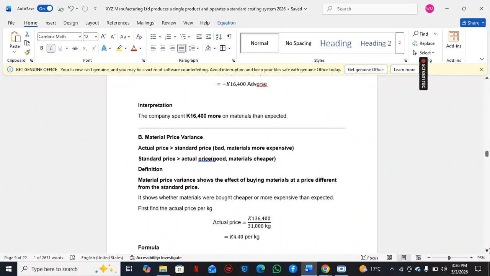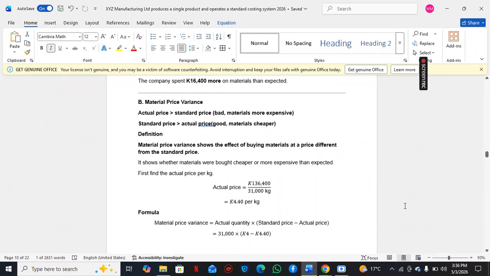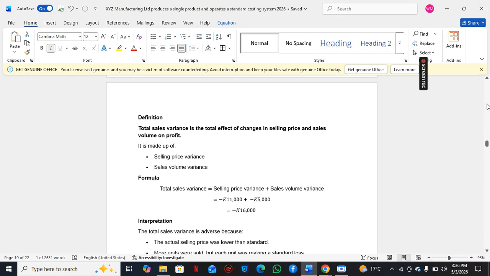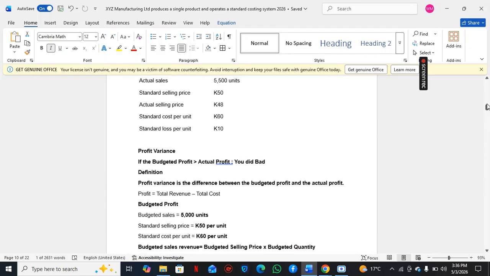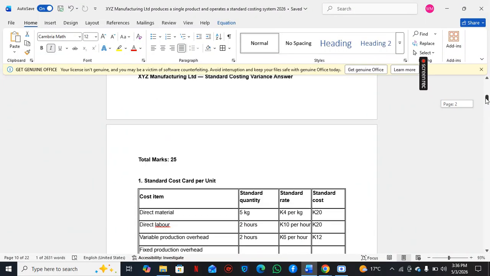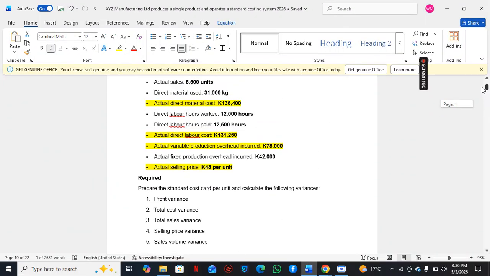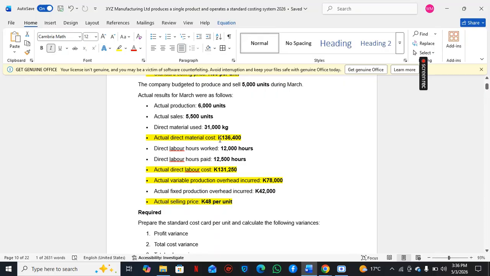So we need to find out the actual price for each kg. Remember, the actual total materials cost was 136,400. Let me show you where these figures are coming from, so you're not thinking they're coming from nowhere.